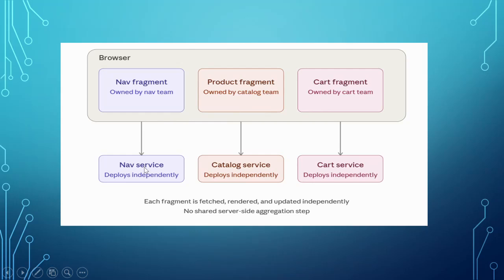Each calls the respective backend microservices and gets the API response. For example, for the product fragment micro frontend, all the APIs will be served by the catalog service. This is how we group microservices according to single page applications or a particular component, or we can group them together with the micro frontends.